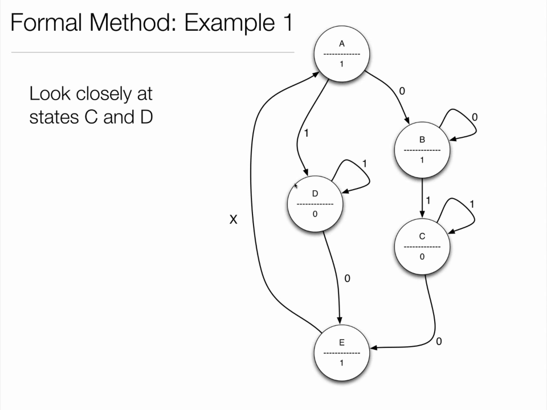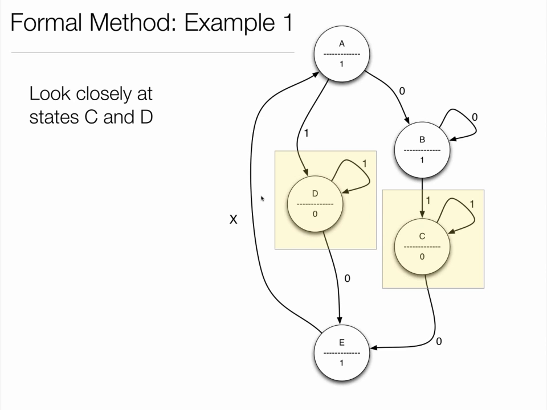Now, have a look at this. We'll start with intuition. Looking at D and C, their next states are identical. They both go to E or themselves. So to self is considered the same thing because the output you get as a consequence is unchanged.